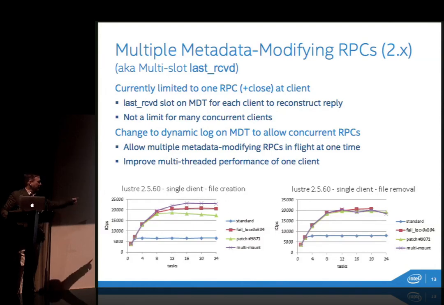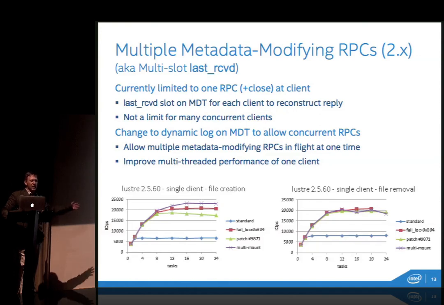There are some early performance results showing that once you're scaling up past 2 threads, where you would bottleneck before on the client, it's now scaling up about 4 times that from a single client, which is a pretty good improvement.